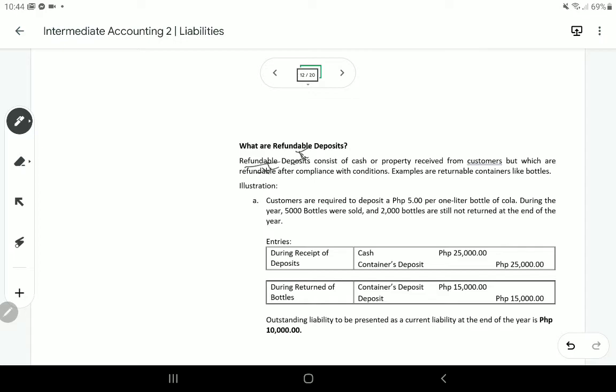This refundable deposit is very common. Example, kung ang negosyo mo is nagbebenta ka ng Coke wherein reusable yung mga bottles, 'di ba? Nare-require tayo ng deposit.